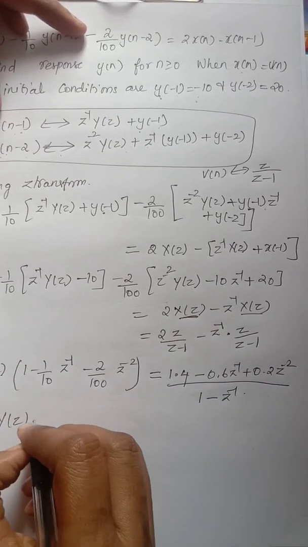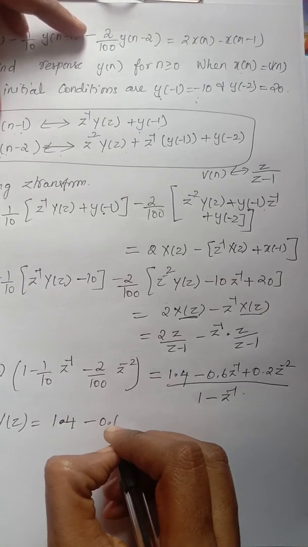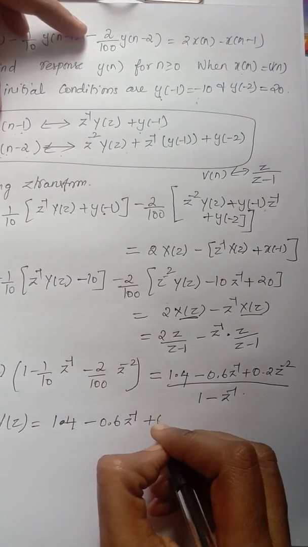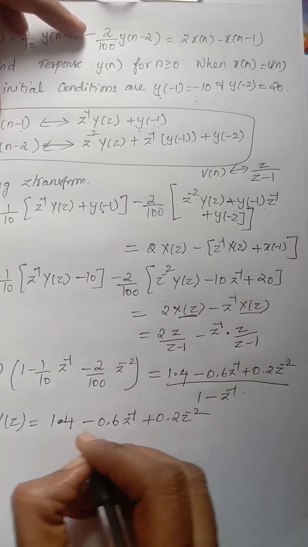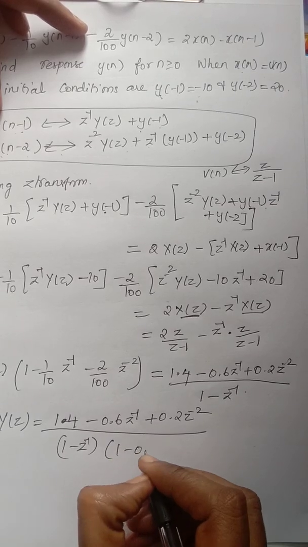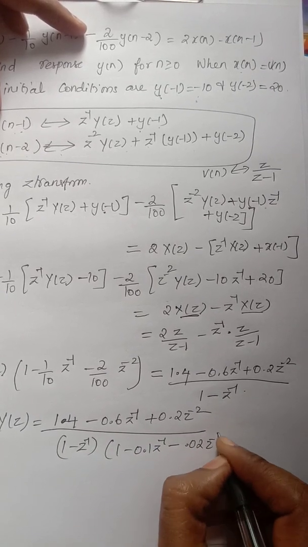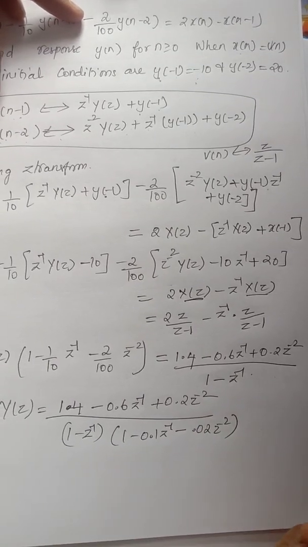So your y of z is equal to 1.4 minus 0.6 z inverse plus 0.2 z power minus 2 divided by 1 minus z inverse into 1 minus 0.1 z inverse minus 0.02 z power minus 2. So this is what I am getting.